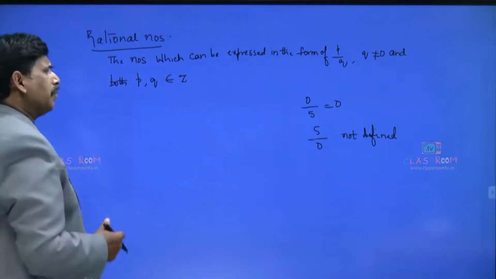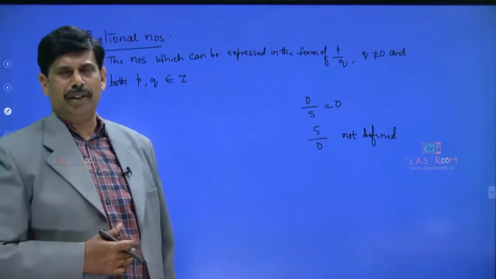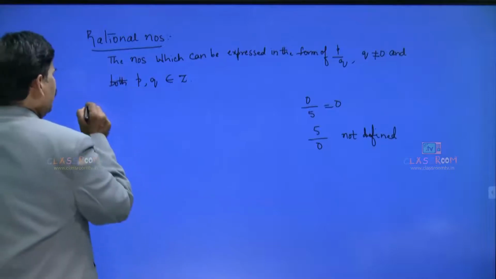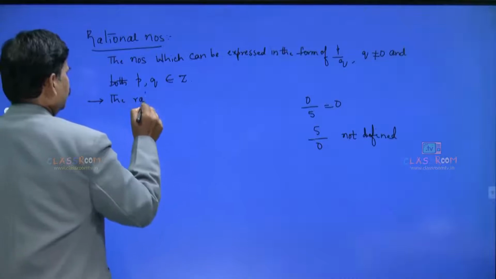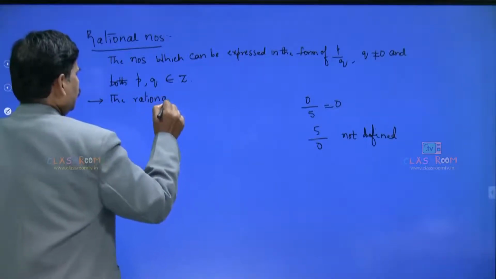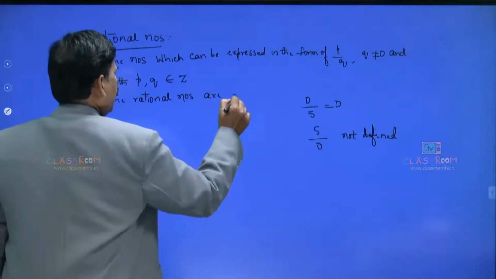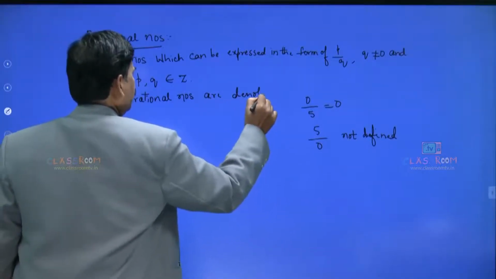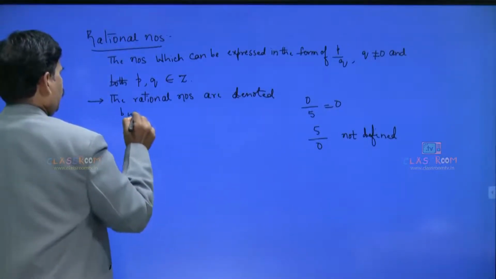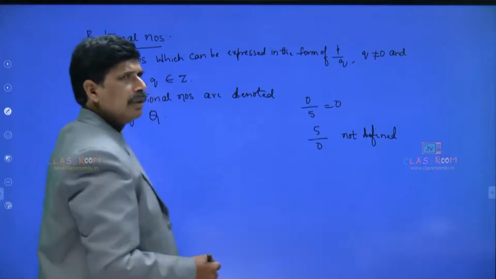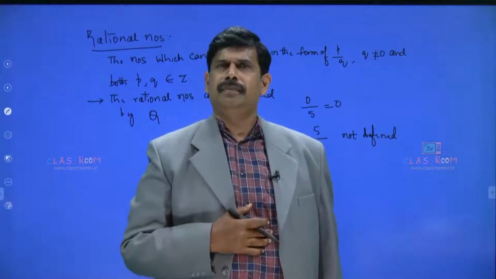So these sets of numbers, what do we call them? Rational numbers. These rational numbers are denoted by Q. We represent the rational numbers with the letter Q. Is it clear?